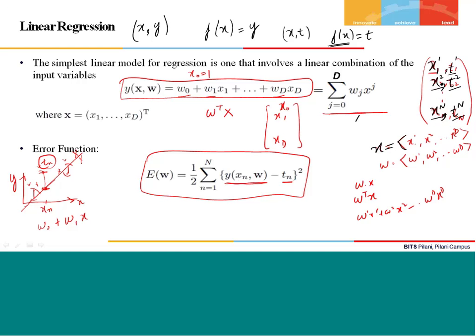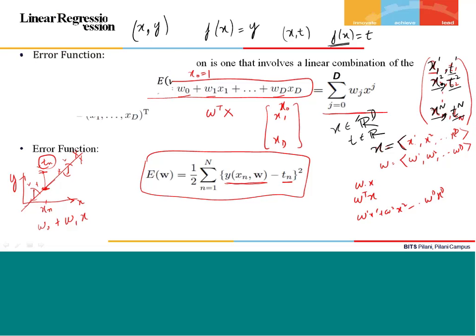It may have d components, and T is a real number. So X belongs to a d-dimensional vector space, whereas T belongs to only the real numbers. So all these things are covered.